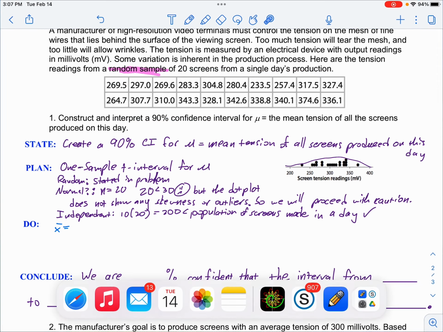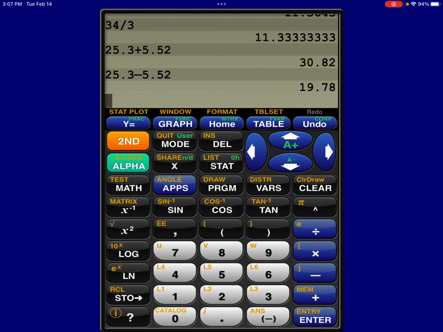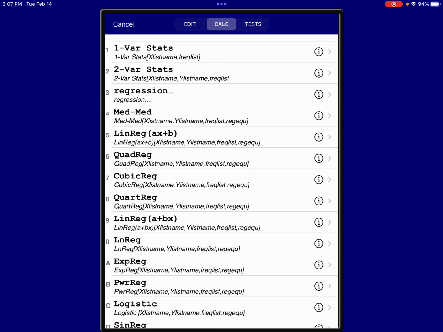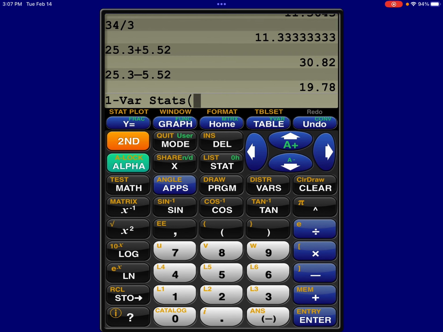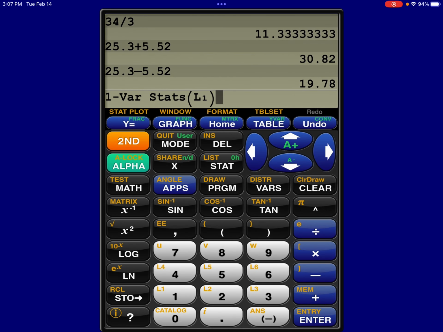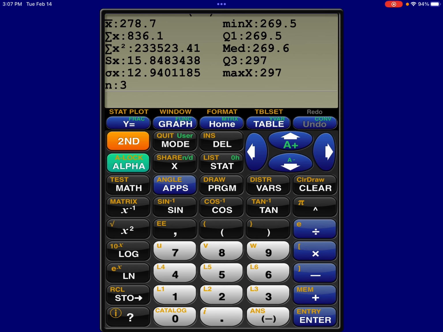Once you have it in list 1, you go to stat, calculate, number 1, good old 1-Var Stats, and type in list 1, and boom. That's how you're going to get the data we need. Now, those numbers you're looking at right there are not correct because I did not enter all of the data.